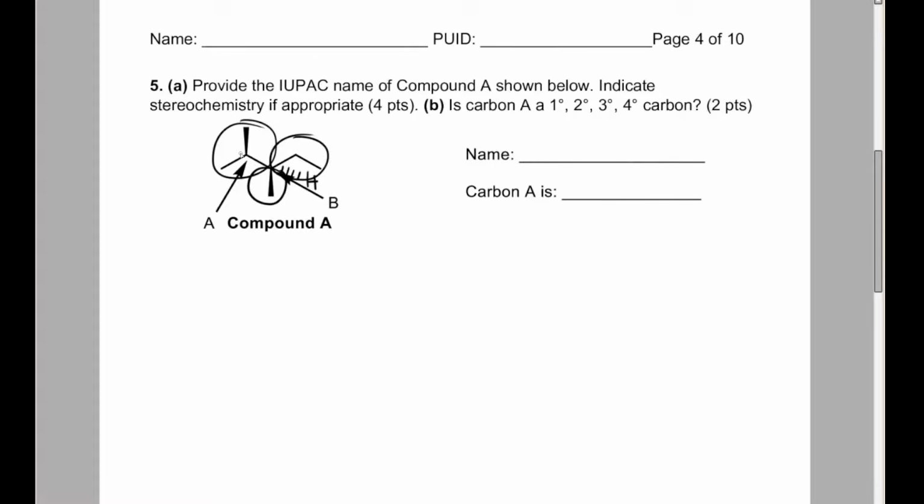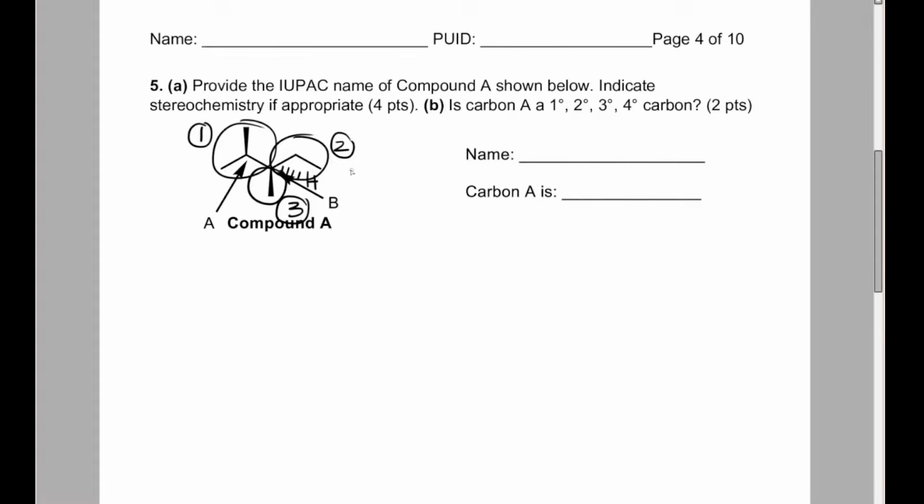So now to get to the R and S configuration part, we need to first number these substituents according to their molecular weight, with 1 being the highest and 3 being the lowest. We know that this isopropyl group is the largest, so it has the highest molecular weight. This ethyl group is the second largest, and the methyl group is the third largest, and hydrogen is the fourth, but we don't really care about that.